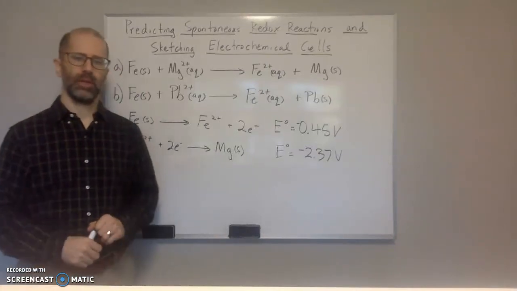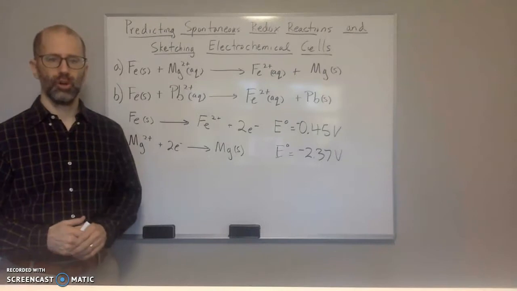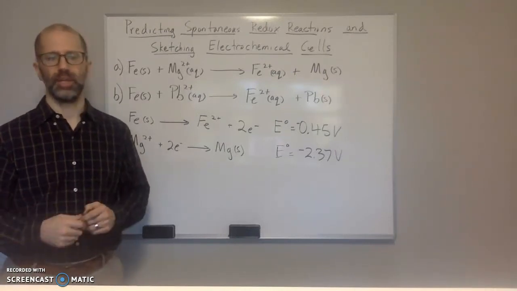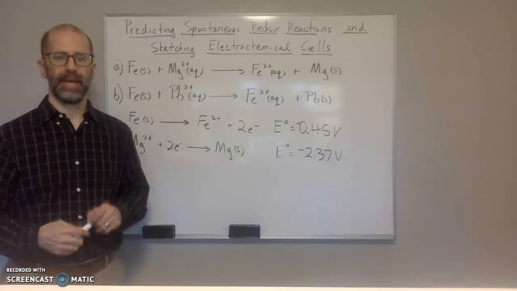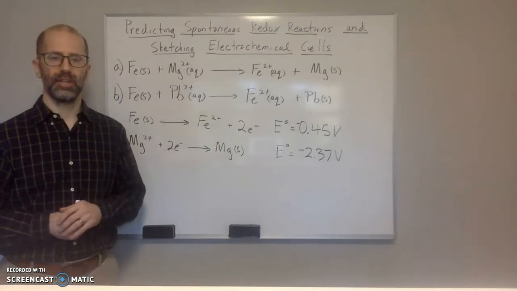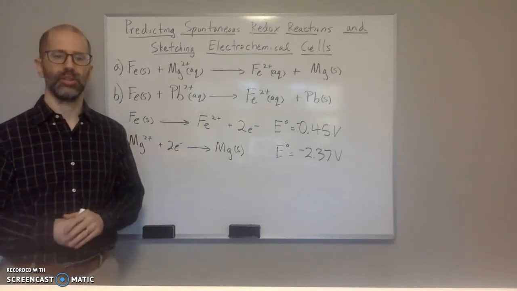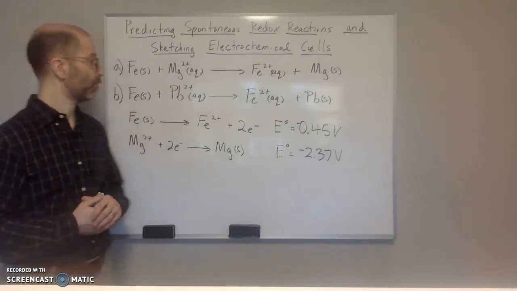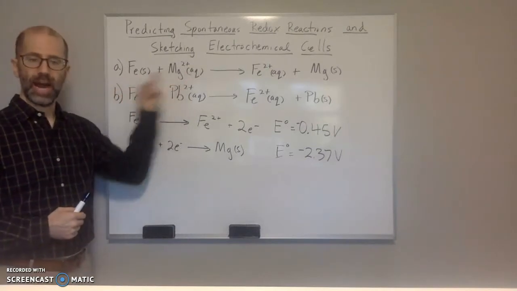My name is Mr. Cobalt, and in this video what I'm going to show you today is how to predict whether a redox reaction is going to be spontaneous or not, and how to sketch the electrochemical cells for the proper reaction. So we're going to do two examples. The first example is this redox reaction here.